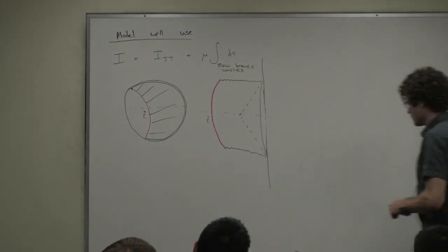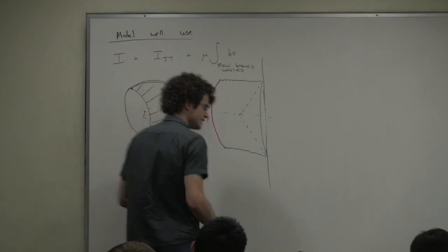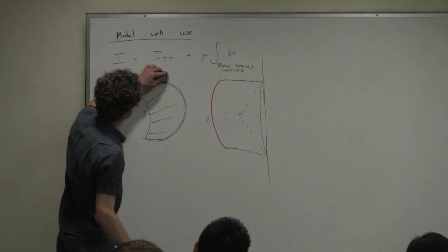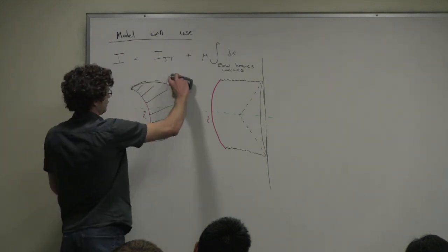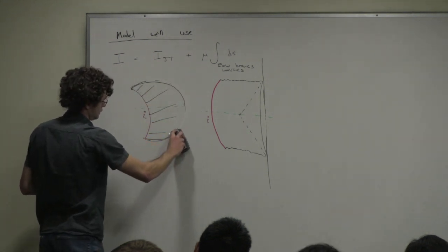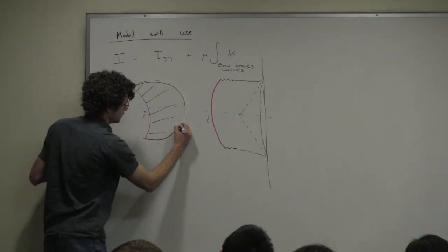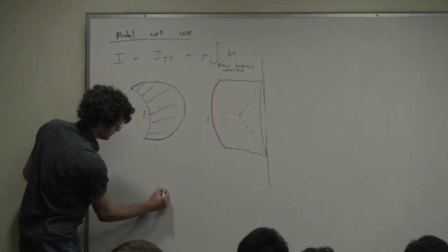And it's helpful to think about a quantum state that you get by taking this geometry here and cutting it along the green line. So if we cut it along the green line, then we get something that looks like this.